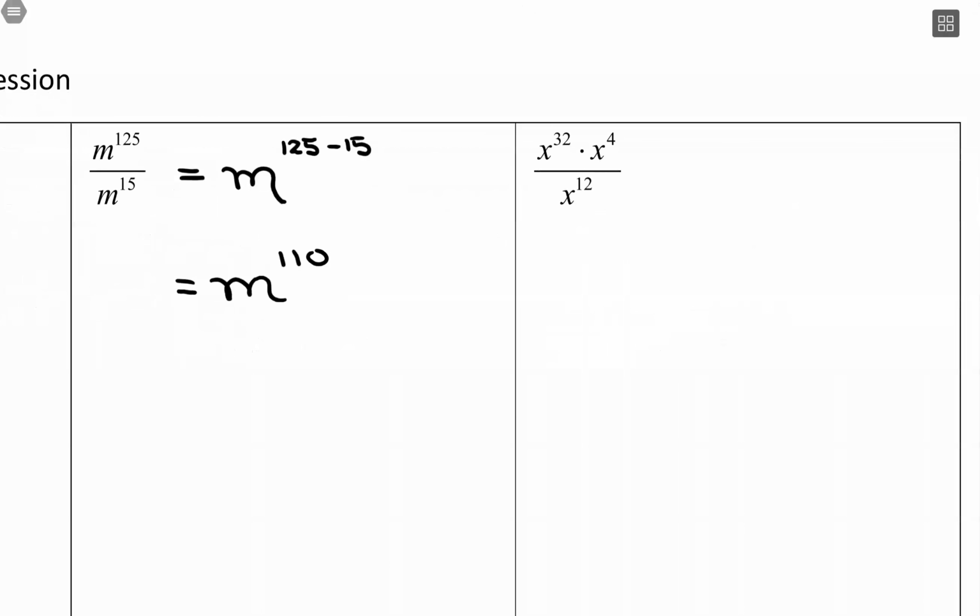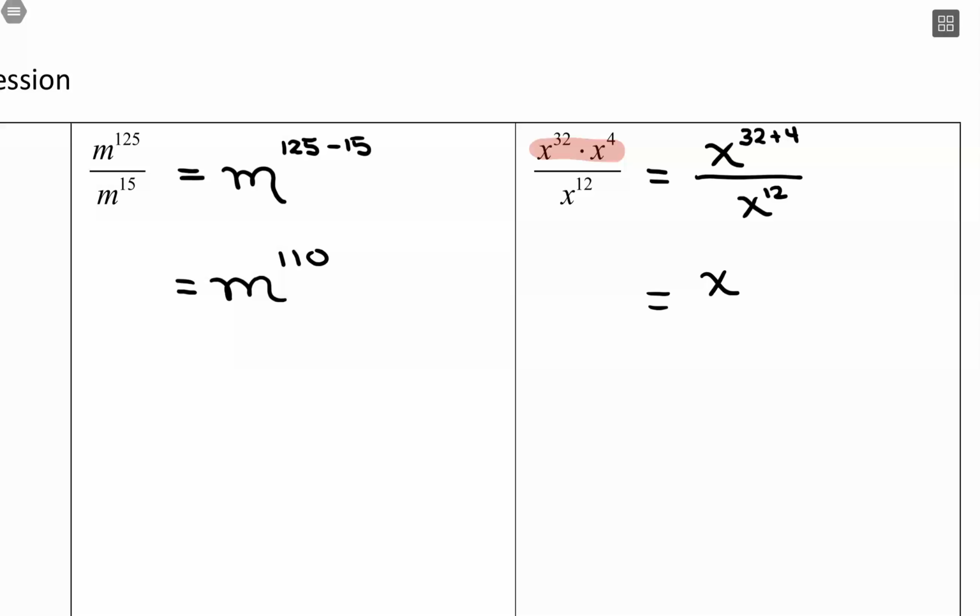And let's look at combining these rules together. So when we're dealing with division, you want to completely simplify your numerator and denominator first before dividing. So what I'm going to do is simplify that numerator first. So that would be using my product rule. So we'll take 32 plus 4 for that exponent in the numerator, and then x to the 12th is all simplified.